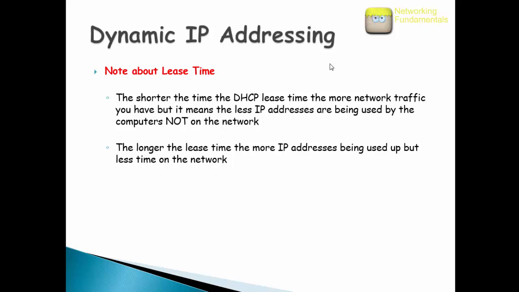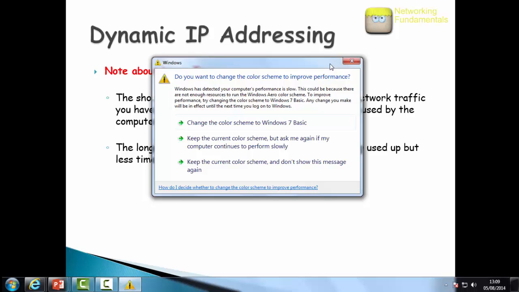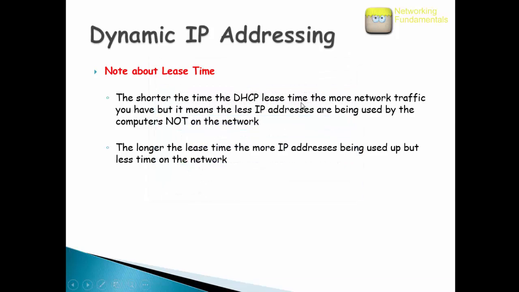So there are fewer IP addresses being used up. It depends which way the setup is, but it's just giving you an example that, depending on whether you have a shorter lease time versus a longer lease time, you have more traffic or less traffic on the network.